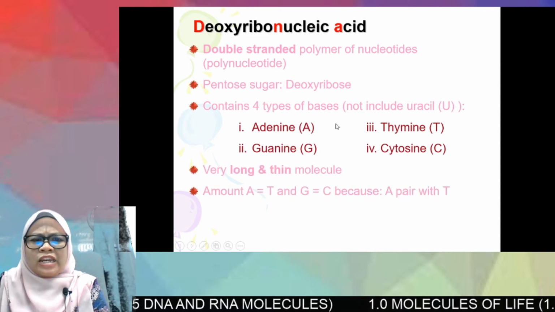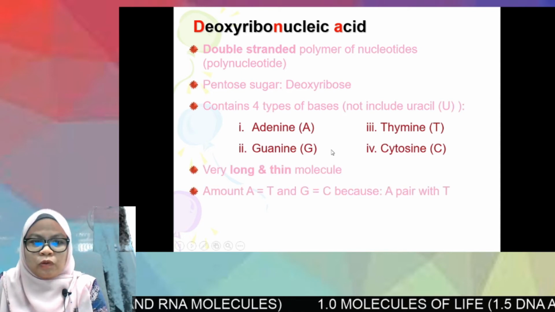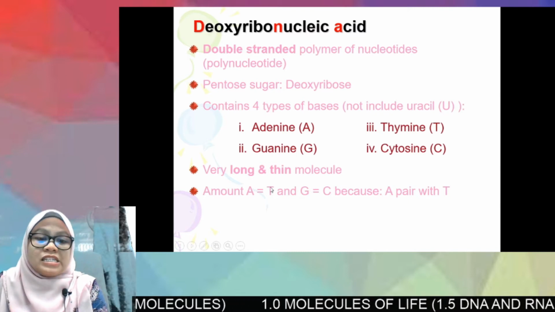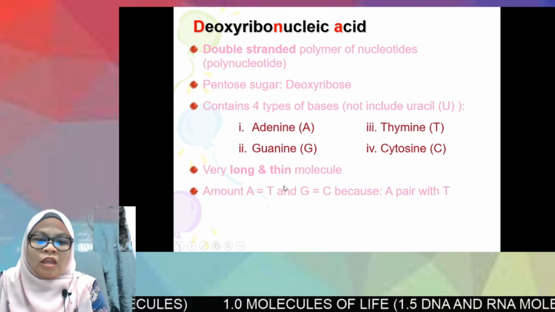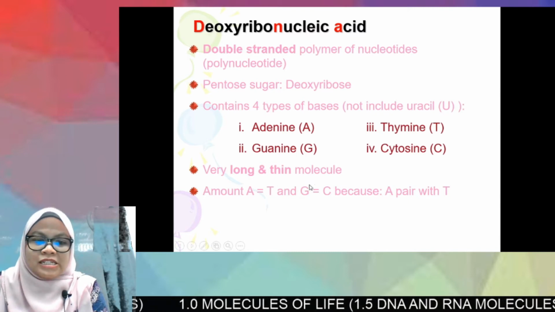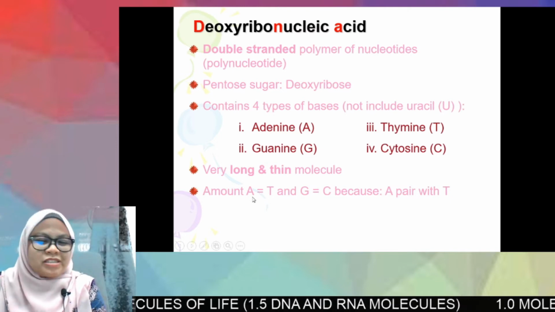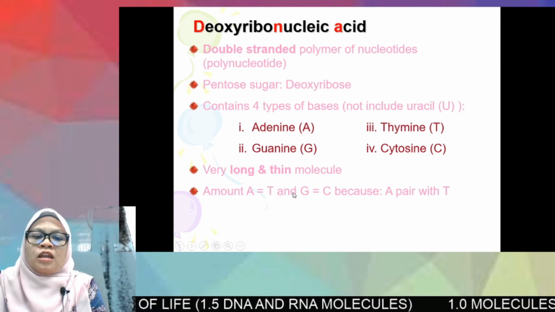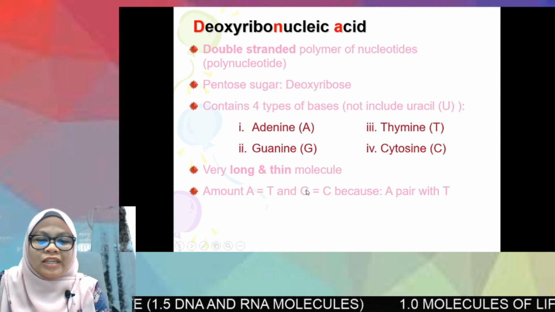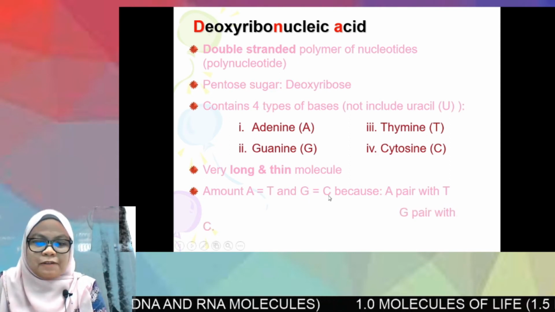DNA is a very long and thin molecule. The amount of adenine is similar to thymine. The amount of guanine is similar to cytosine because adenine will always and only pair with thymine. The same goes for guanine, which will only pair with cytosine.